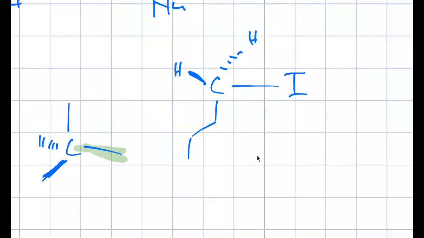And on the wedge, I'm going to label the groups A, B, C, and D. A is coming out of the page. That's what that wedge means. When you see it on the bold line like that, it means it's coming out of the page. And D is on a dash line, so it's going back into the page, or back into the screen. So if I take that and rotate it around, I can look underneath it. And that's what we have here.